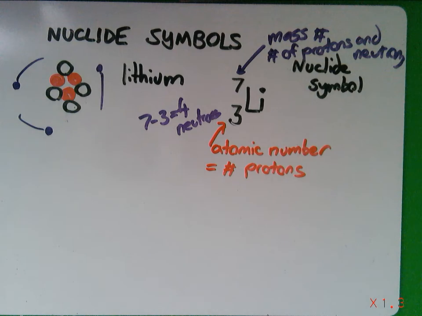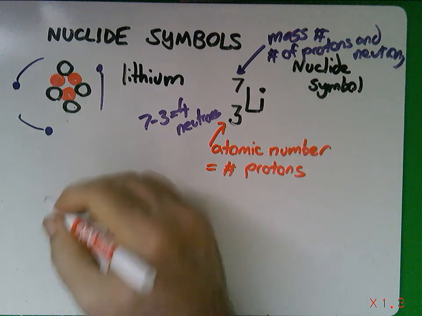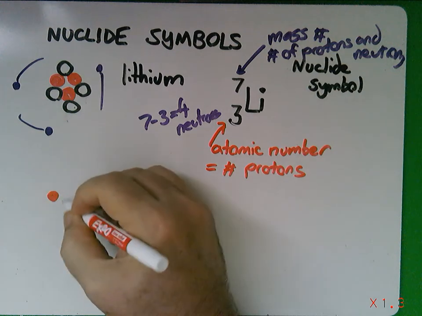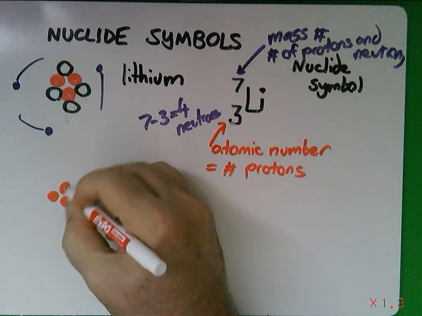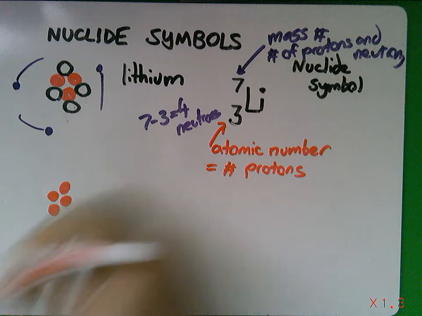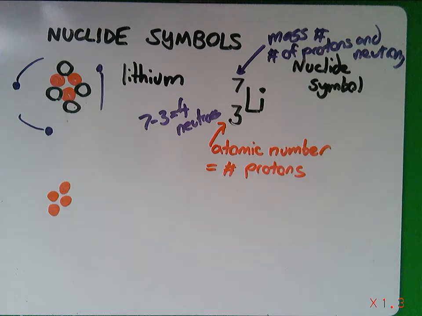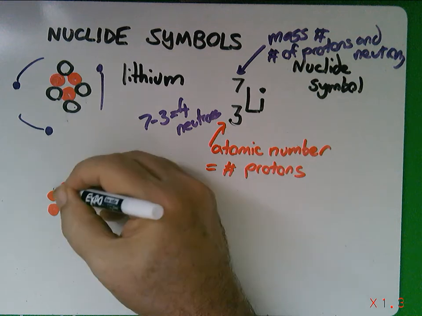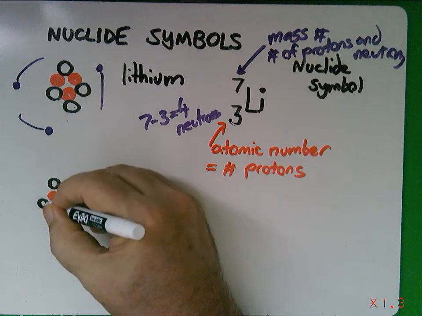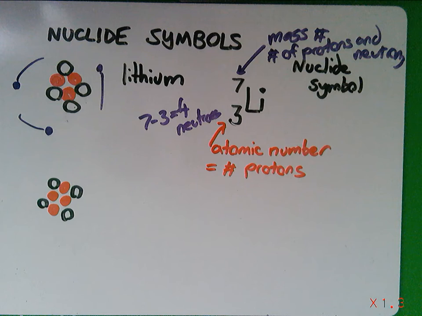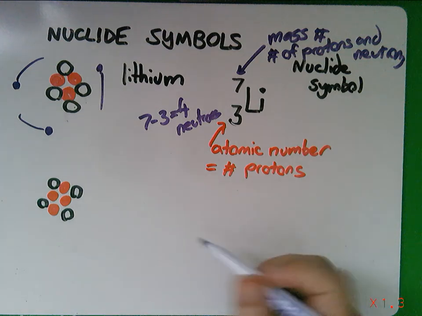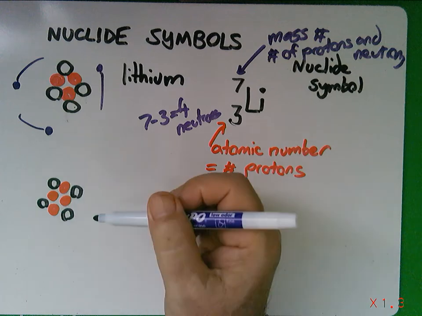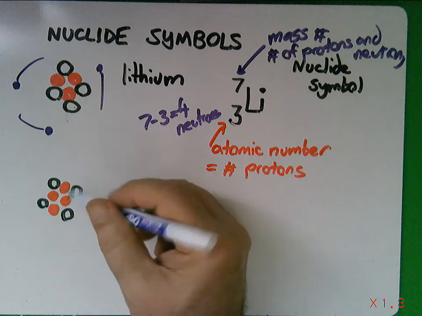So suppose I've got an atom that looks like this. Okay, there's the nucleus. And how many electrons am I going to need? Well, there are 4 protons in there and 4 neutrons.